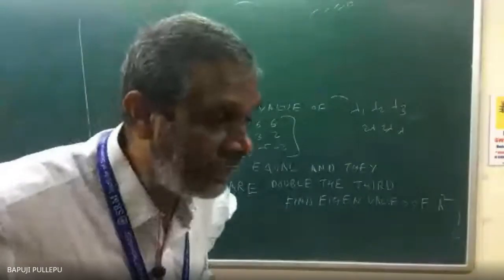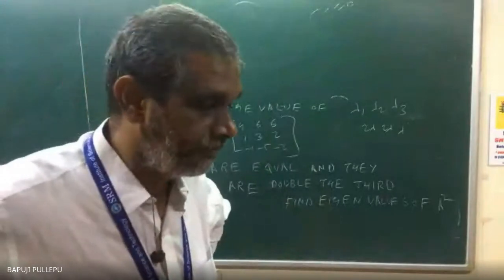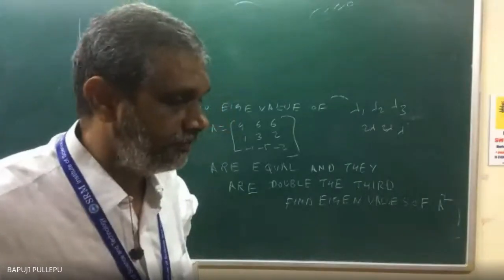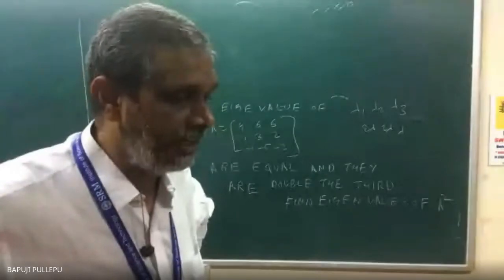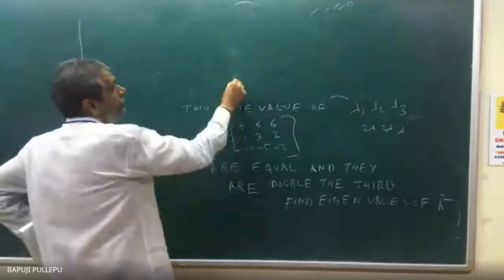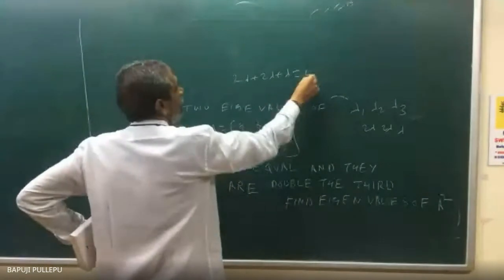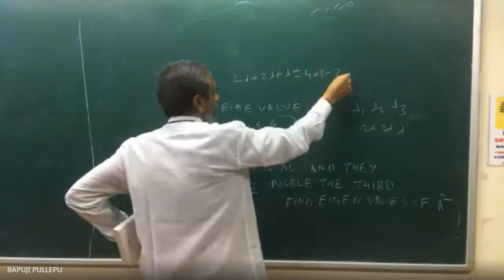What are the eigenvalues of A? 2, 2, 1. All of you agree? Yes, sir. How will you get it? 2 lambda plus 2 lambda plus lambda is equal to the sum, 4 plus 3 minus 2, which is 5.